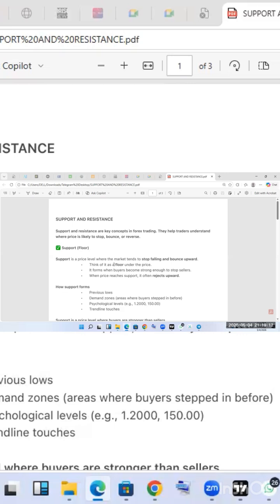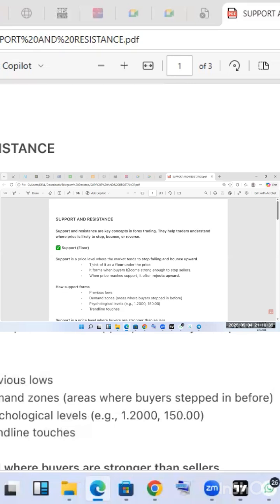Because price was coming from resistance, the moment it got to the floor, it's going to bounce back. Where it bounces back, at that support, is where we have the buyers, because buyers are in charge of the support zone, while sellers are in charge of the resistance zone.